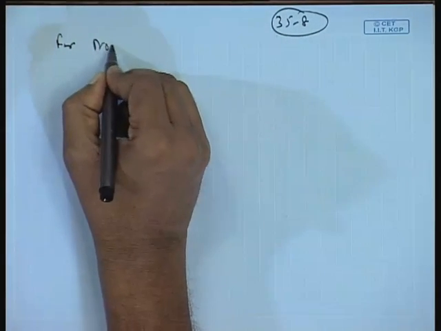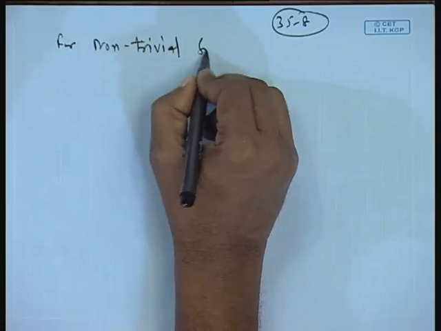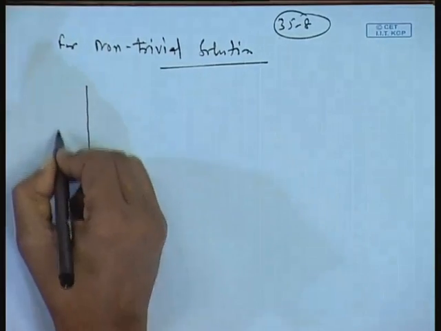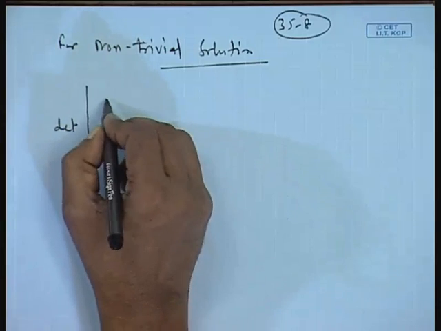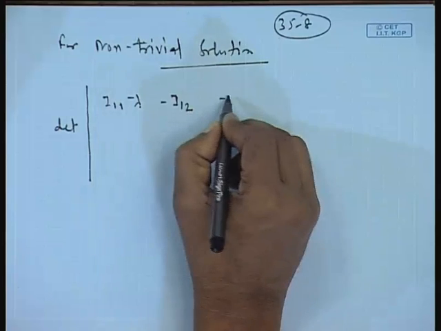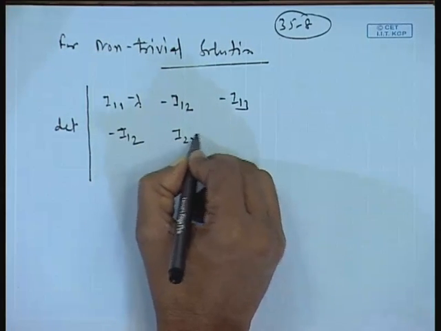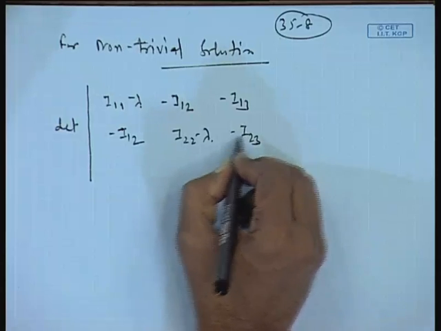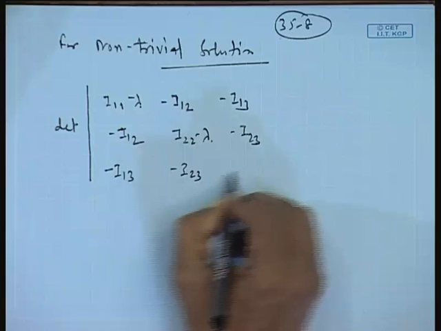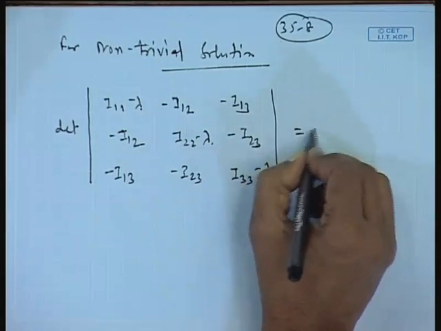Now, for a non-trivial solution, the determinant of I 11 minus lambda, minus I 12, minus I 13, and so on, must be equal to 0.